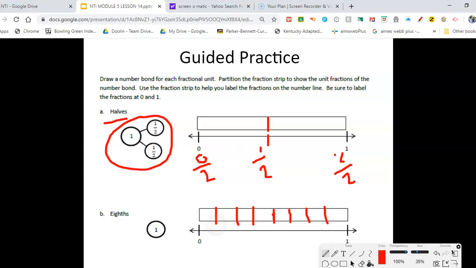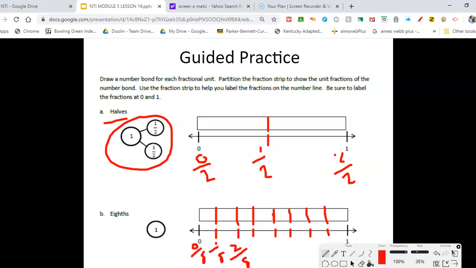Let's do the same thing on our number line. So we know this is 0 eighths, 1 eighth, and we continue to go until we get all the way to the end with 8 eighths.